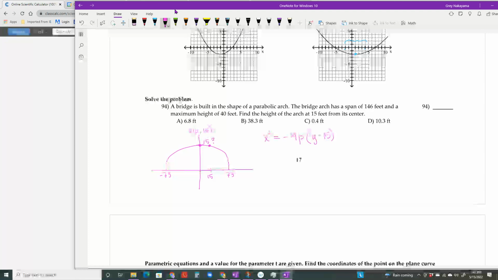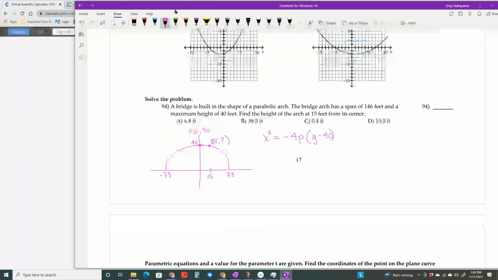Oh, I hit that, y'all. It's not 15, it's 40. My bad. That's a 40 because my vertex is at 40. This number is 40. I've got this is the point 15 comma, I don't know. I'm going to be looking for it.